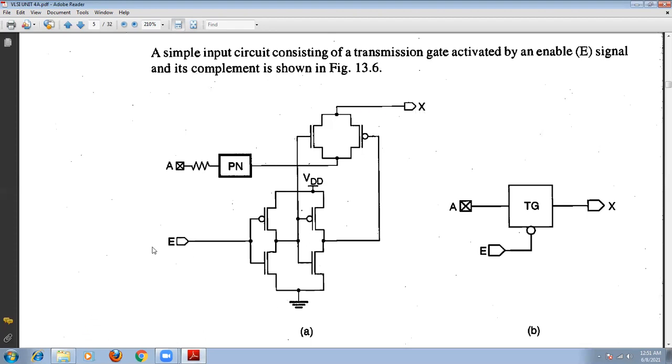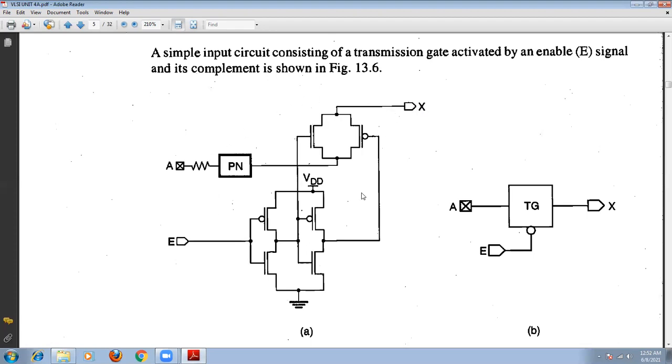Similarly, when the high signal appears, this point becomes low, and this point becomes high. So this low signal at the gate of the N-channel MOSFET turns the transistor off, and the high signal turns the other transistor also off. So a high impedance state will exist. No signal will be transferred from A to X, and X will enter a high impedance state.